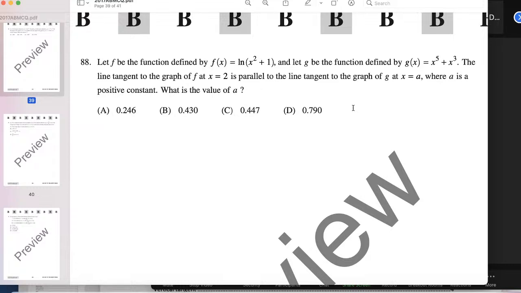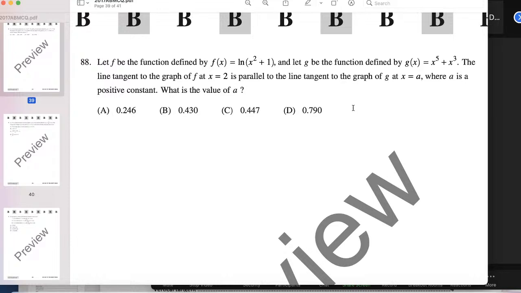So they say G is parallel to the line. Oh, so I see what you're saying. If it's parallel to the line, so that's going to be the derivative of that, so it'll be 2x over x squared plus 1. And you plug in 2, so it'll be 4 over 5.